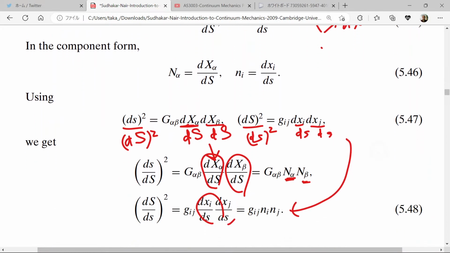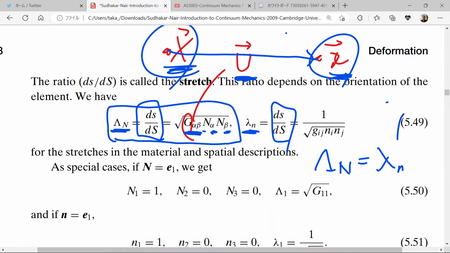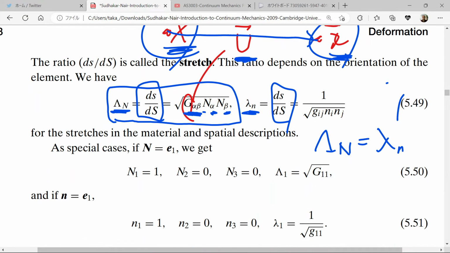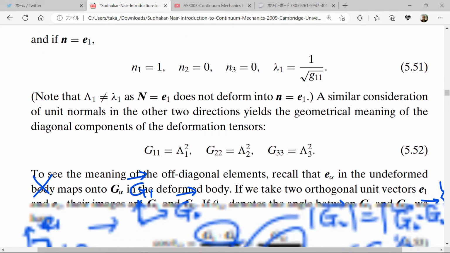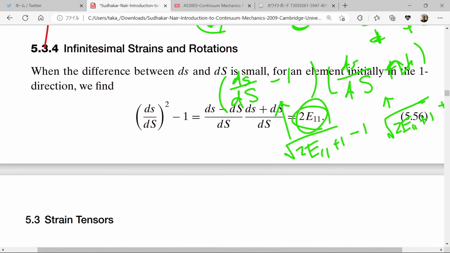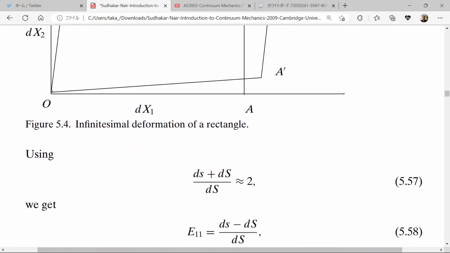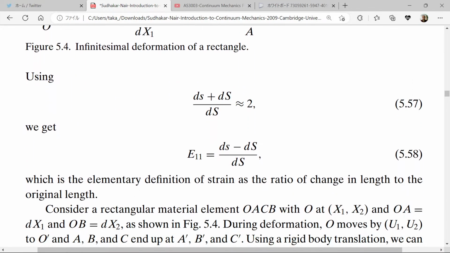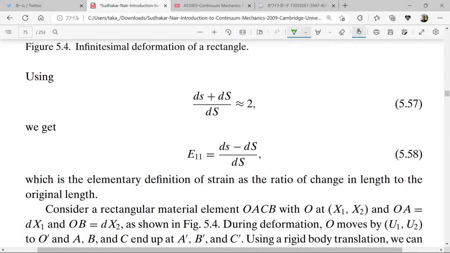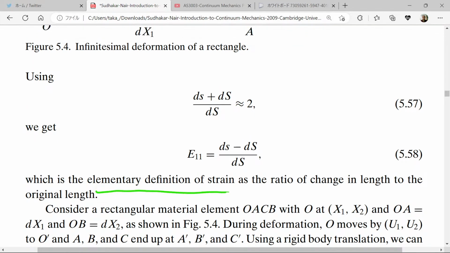Yes, lambda is a stretch, so this is more like extension. Why is this called a strain? Elementary definition of strain as the ratio of change in length.